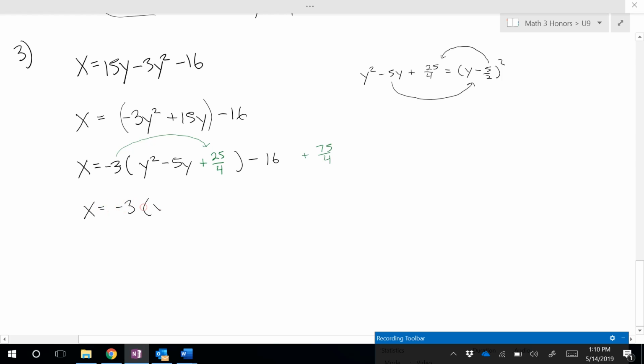It factors to y minus 5 over 2 squared. And in this piece here, this is -16 over 1, which is the same thing as what? -64 over 4. So -64 plus 75, 11 over 4. So this is the form we want it in. And now we can talk about its graph.